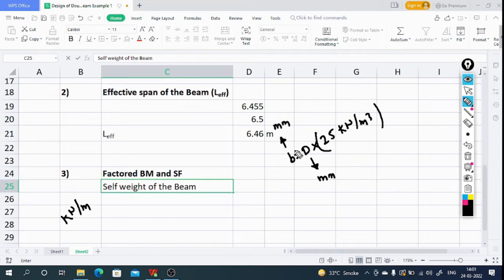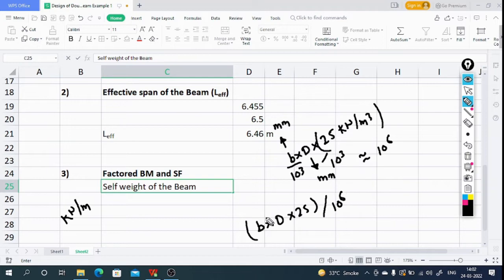For that we need to convert mm into meter, and we can do that by dividing by 1000. Divide B by 10 raised to 3, divide D by 10 raised to 3. So the whole thing you have to divide by 10 raised to 6. So this is the formula, B into capital D into 25 divided by 10 raised to 6.